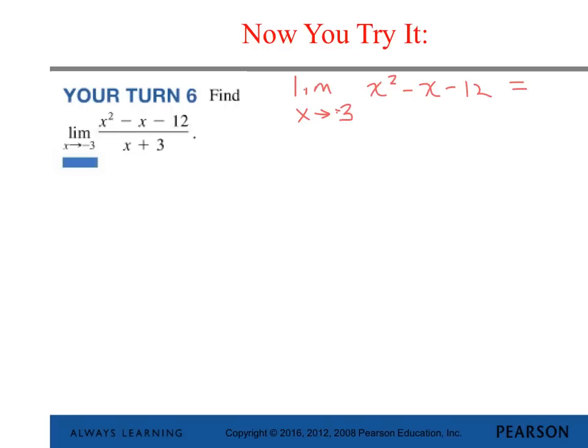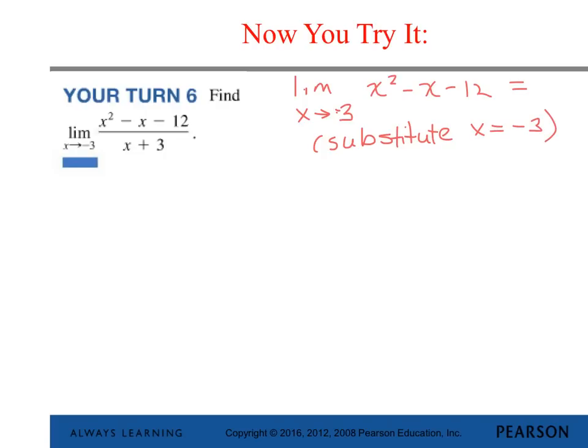And the way you can find that limit is to actually plug in x equals 3. I'm sorry, x equals -3 since it says negative.